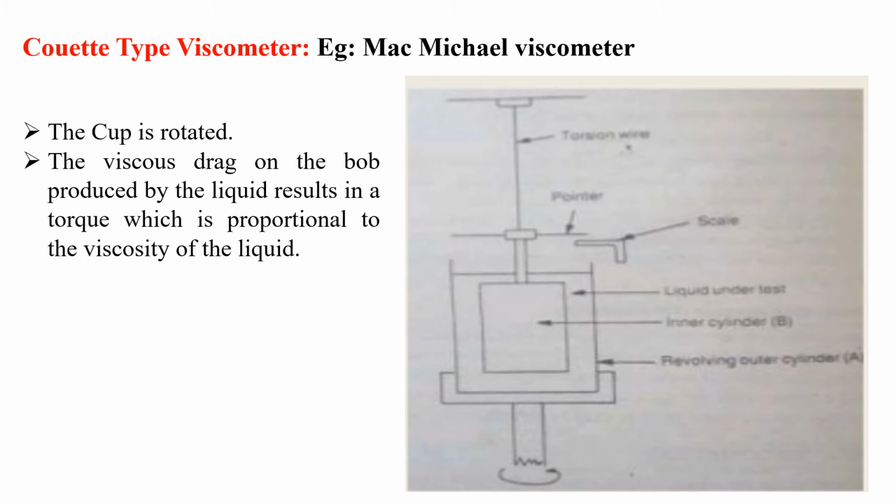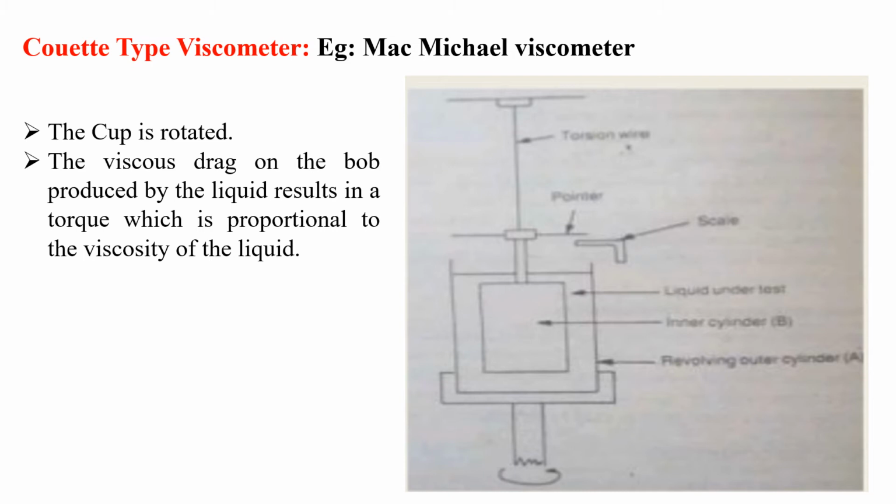So that's how we are able to see the shear stress and the rate of shear. The rate of shear here will be from your revolving outer cylinder, and the stress will be experienced by the bob.